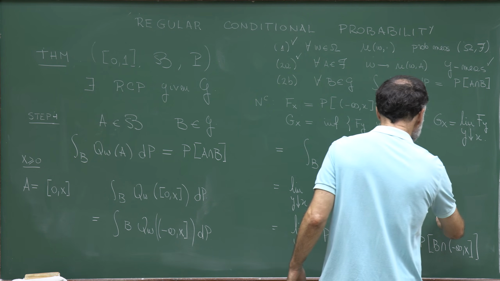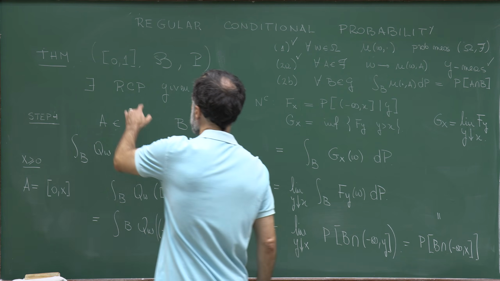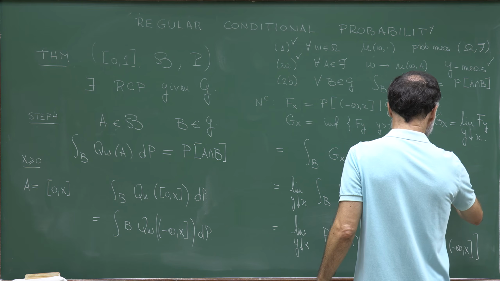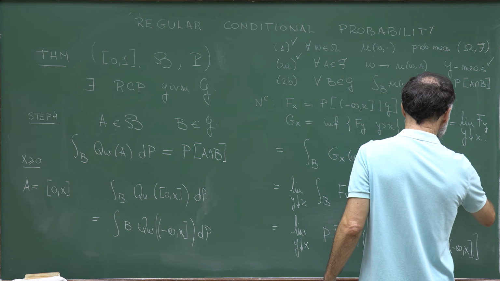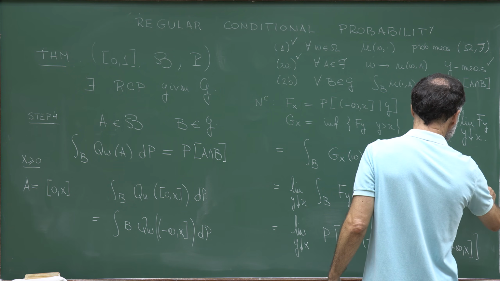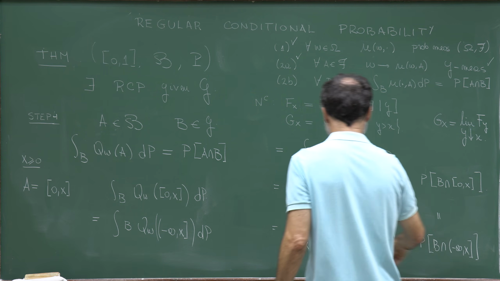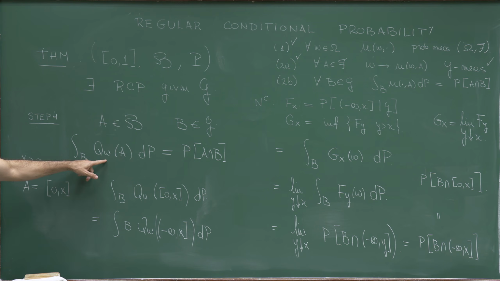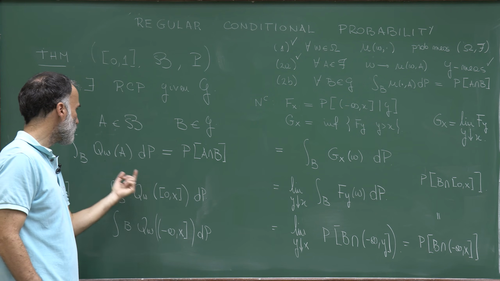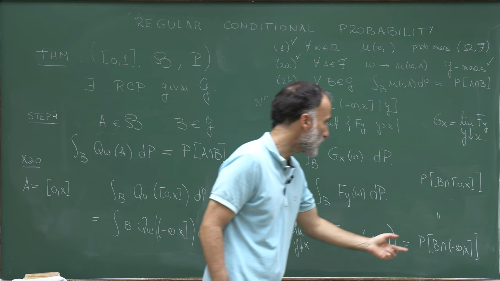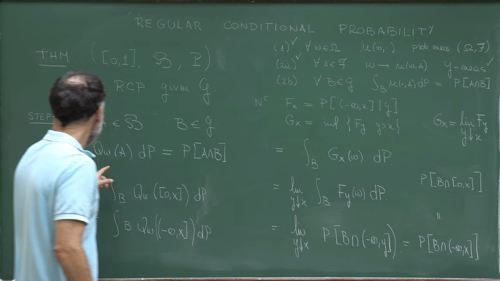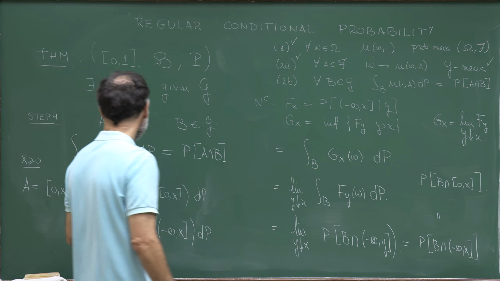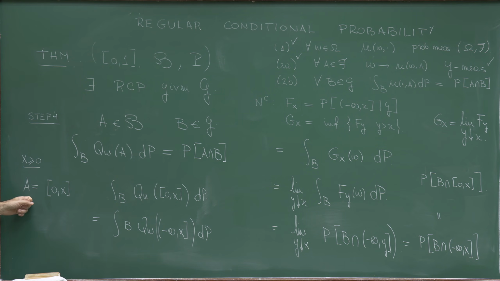And finally, since P is a probability in [0,1], I can rewrite this as the probability of B intersection [0,x]. Right? And therefore, if you go back, what we have proved is this identity provided A is the set [0,x]. So this identity, which is 2b, holds indeed if A is the set [0,x].